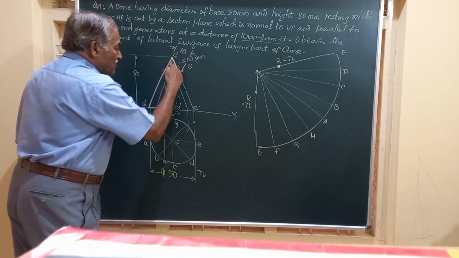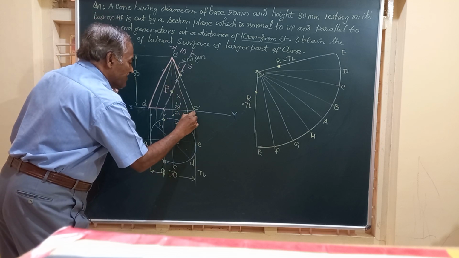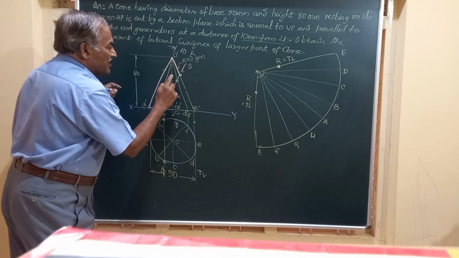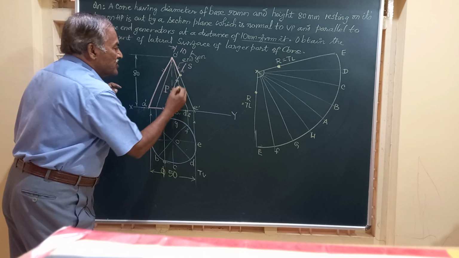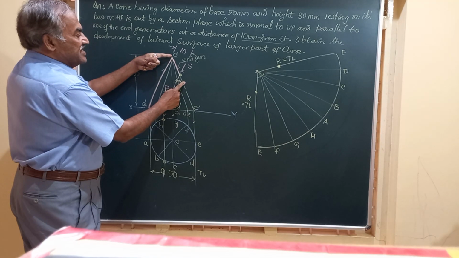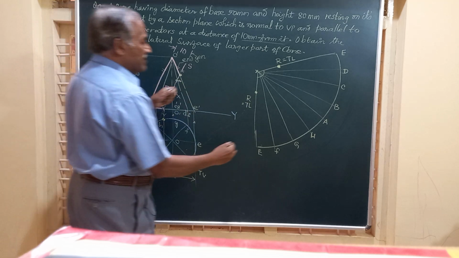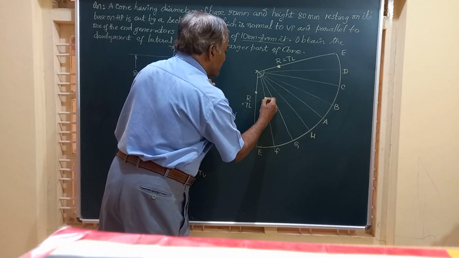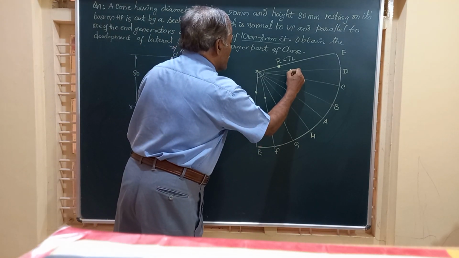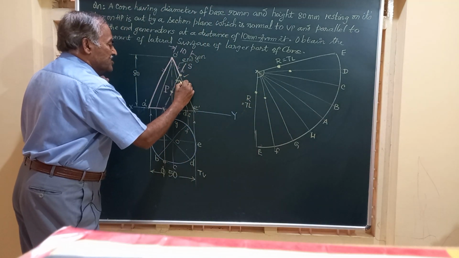Next friends, O dash D dash and F. This is D dash F. OD and OF are cut here. This is not a true length. Hence, I am going to shift that to the last line and take that measurement on OD and OF. This is OF and this is OD. This is over. We've taken this also.